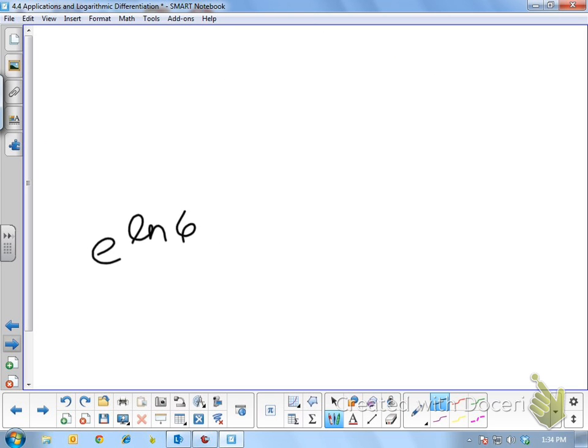e to the ln 6. Okay, let's say this equals x. We can rewrite this in logarithmic form. So in logarithmic form, we would have log. What would be our base? The base is the same as what would be the base of that exponential function?